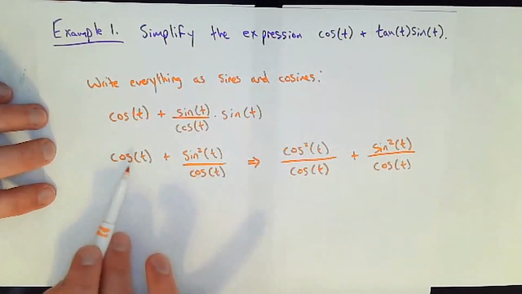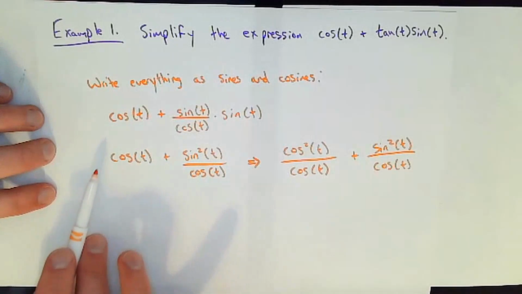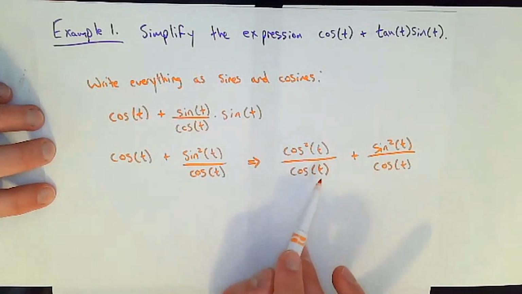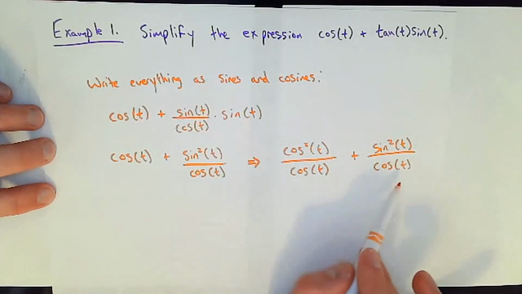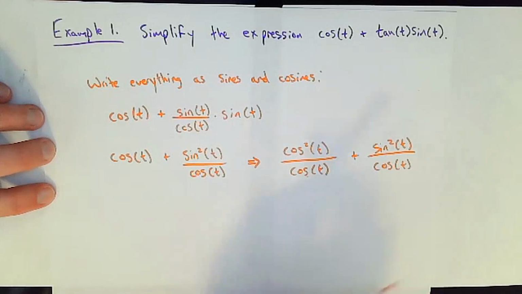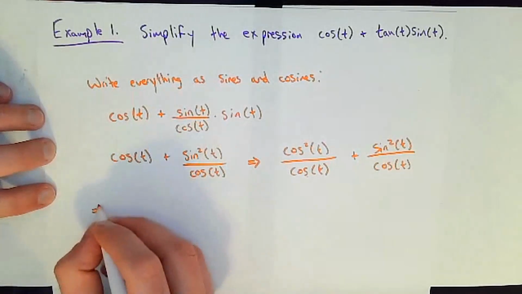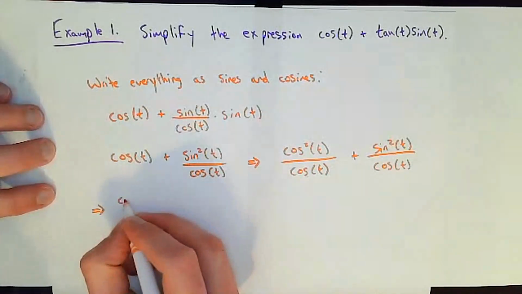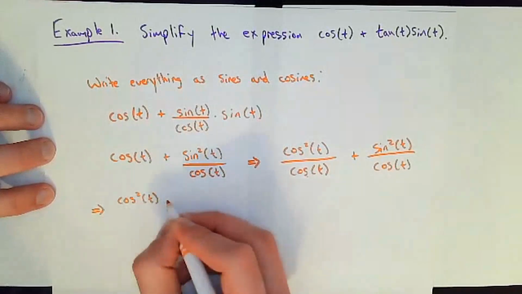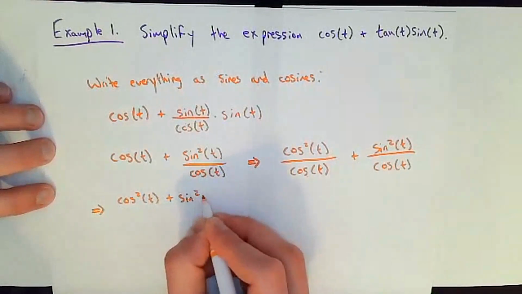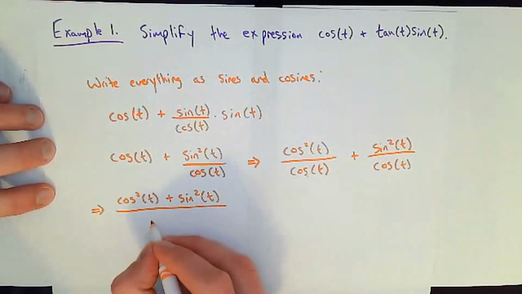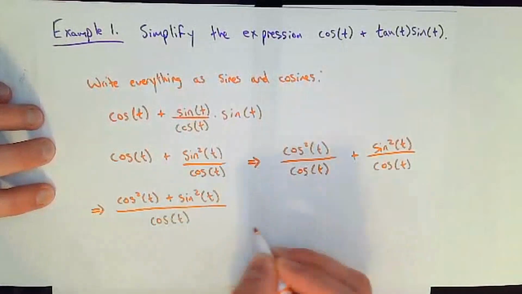And I've scaled this one up over here, multiplying by cosine in the top and bottom in order to make it have a common denominator of cosine of t, common denominator with this fraction over here. My next step, I'm going to push these together and say cosine squared of t plus sine squared of t all over that one denominator, cosine of t.